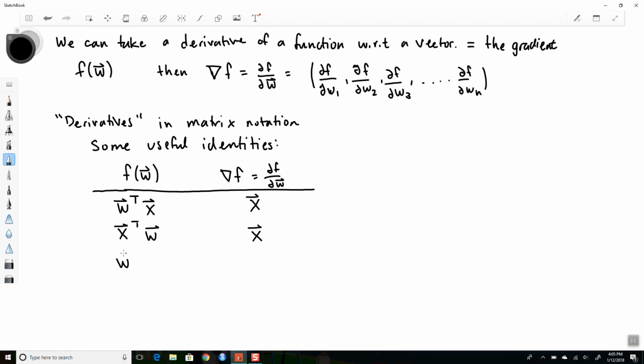If you have w transpose w, then you will get 2w.